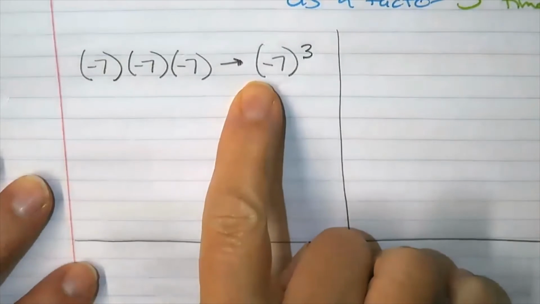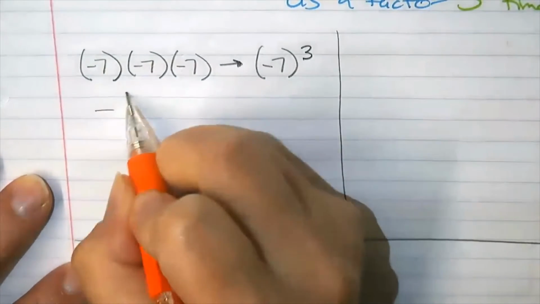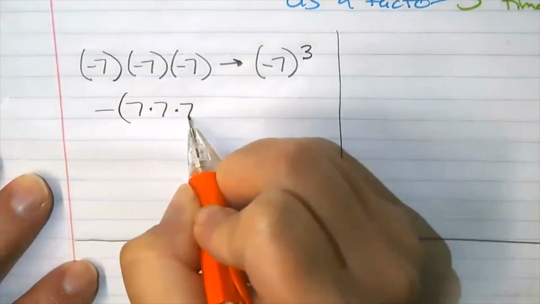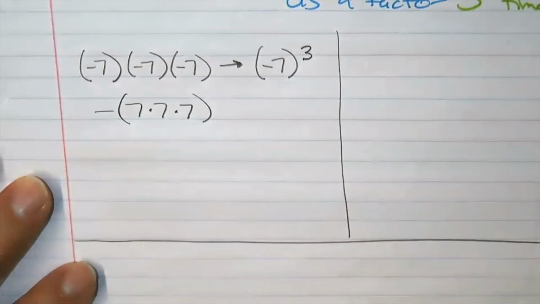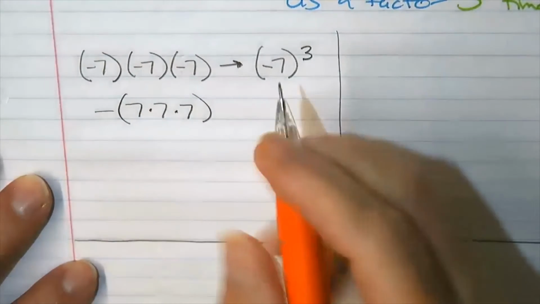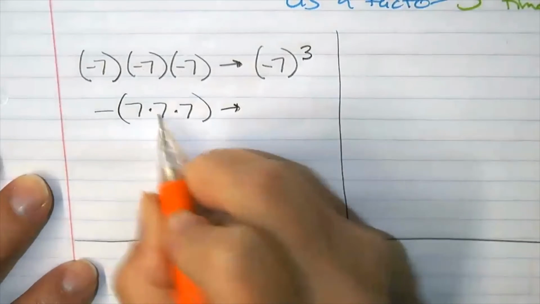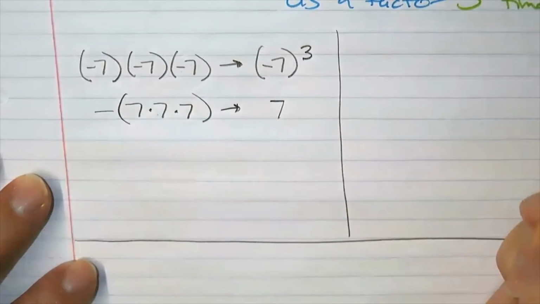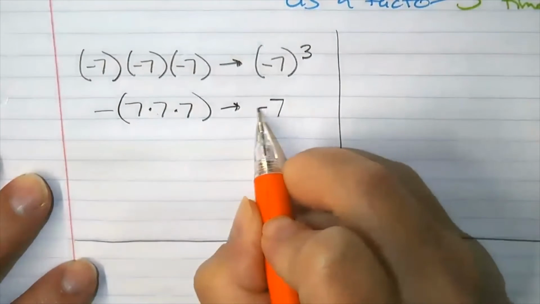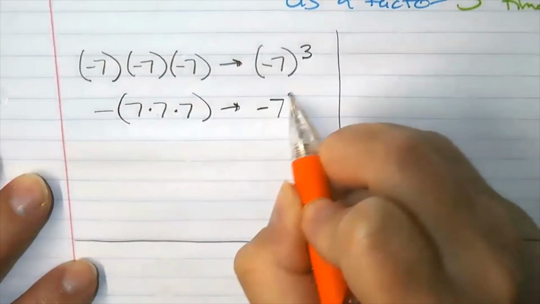Now, this is different than this. Here, my base is 7. I've got a -7 to the 3rd power.